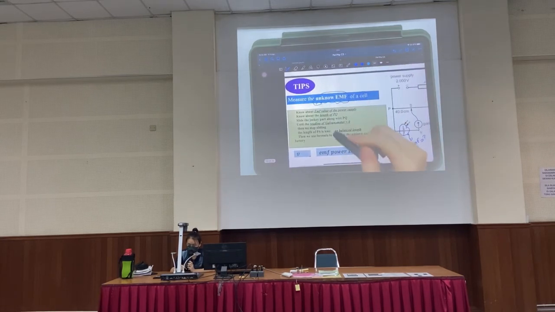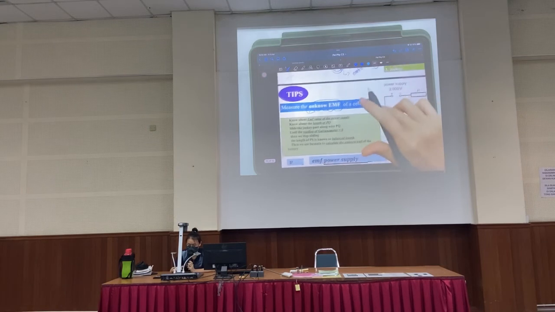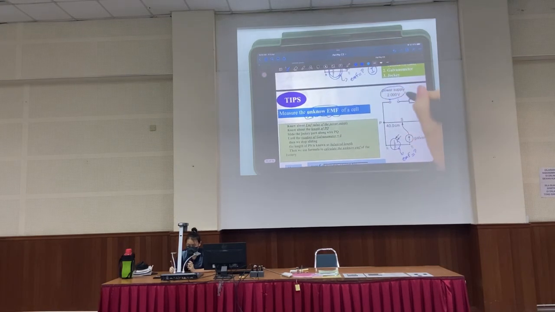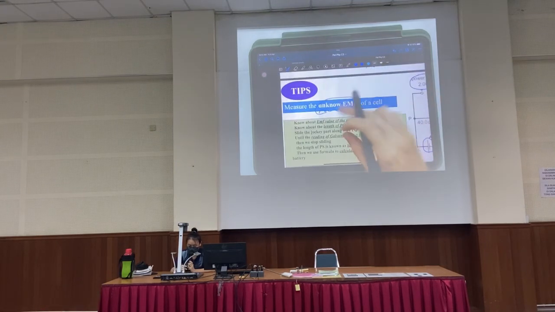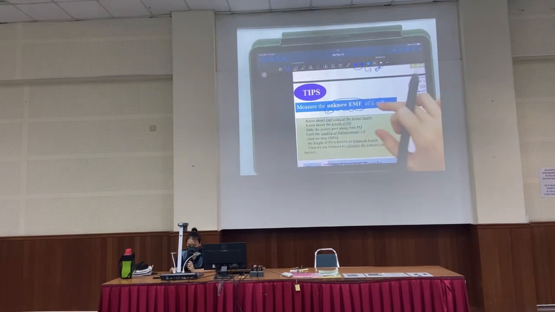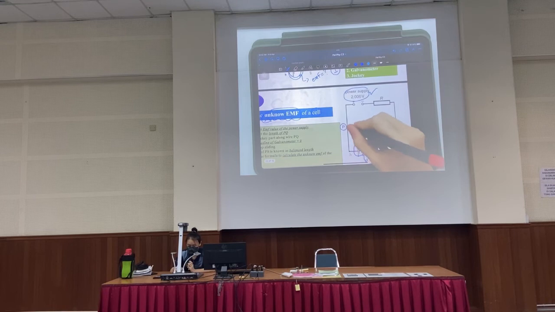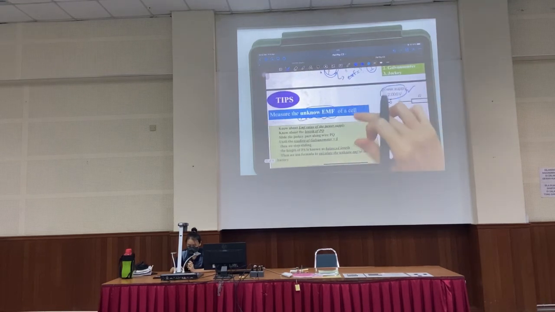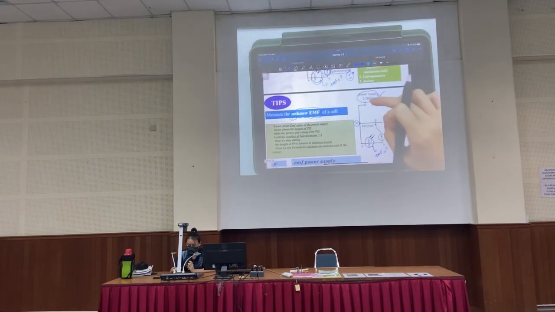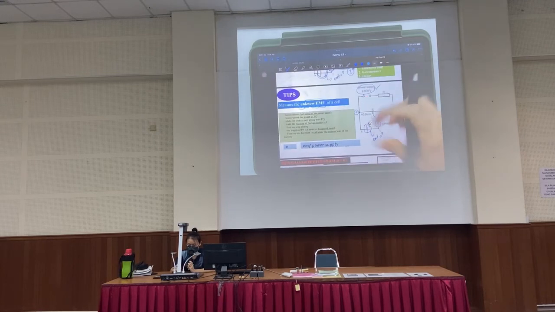First of all, you should know the EMF value of the power supply. This one, we have. The second thing is you should know the length of PQ. Where is the PQ? Here, the length of this PQ. After we know these two things, we will slide the S. This is called the jockey.